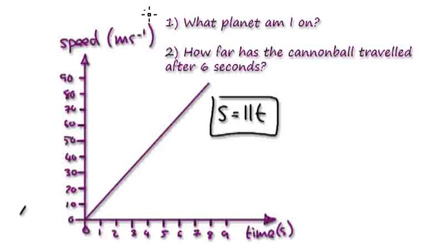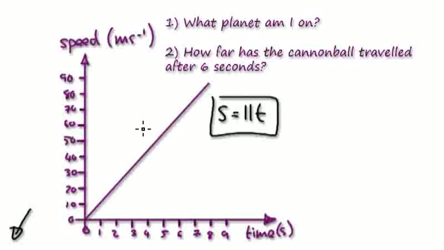To answer question one, you have to extract something from the graph, and then go on the internet and look up a list of something of all the planets in our solar system in order to find out what planet I'm on. Anyway, press pause and have a go. What planet am I on?